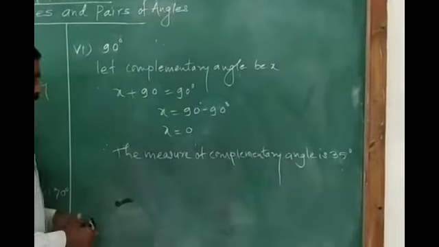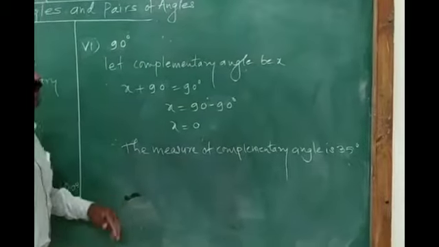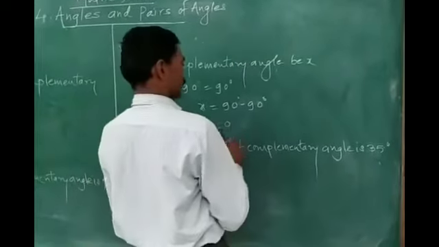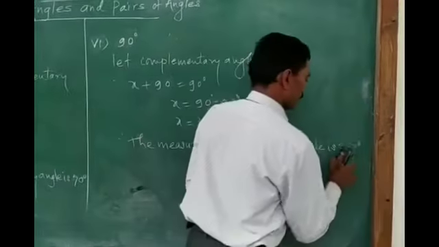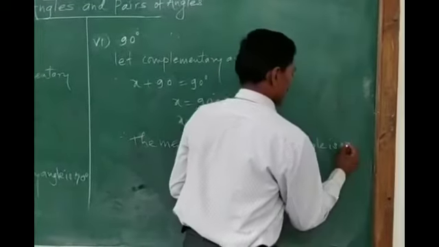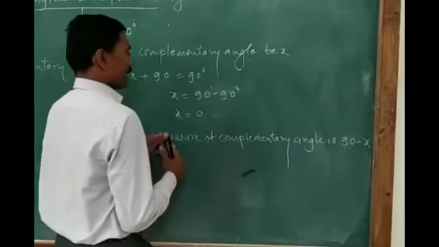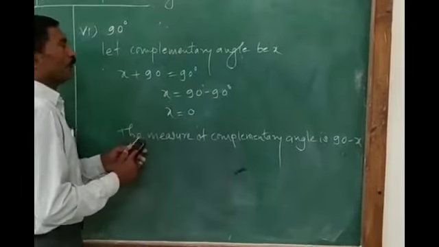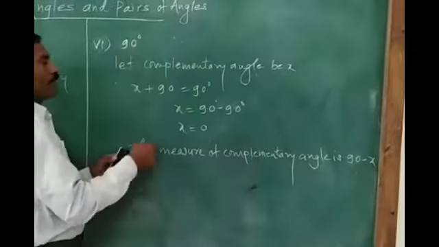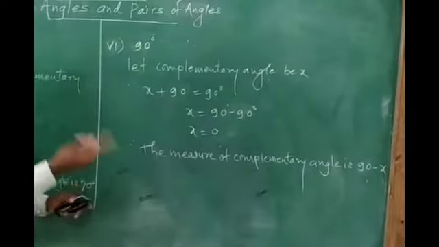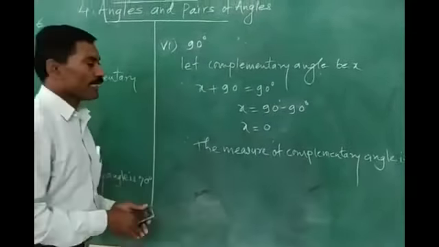Therefore, the measure of the complementary angle is 90 minus x. How is it 90 minus x? Because the x value is 0. Whatever angle is given, 90, when x is subtracted from 90, it becomes 90 minus x.